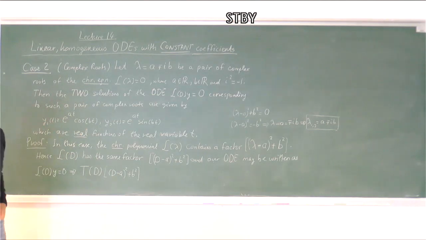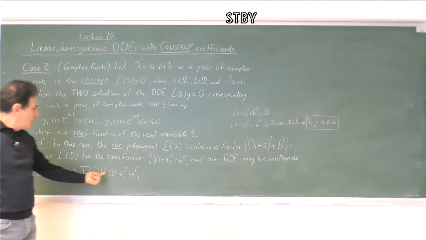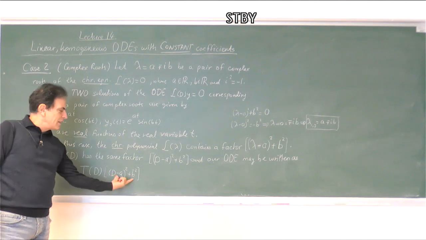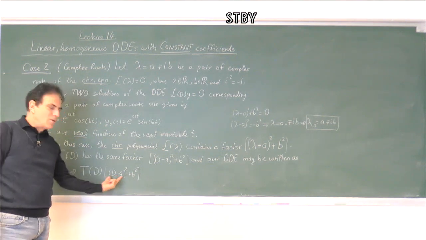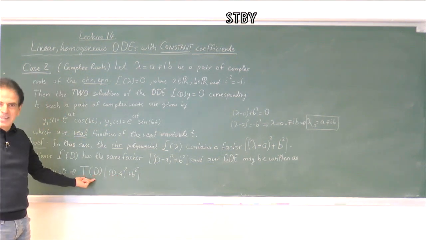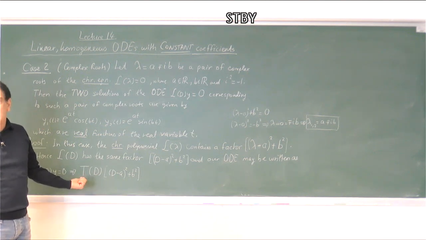So L of d is an operator. Formally, it is a polynomial of degree n. Here a second degree polynomial is one factor, so T of d is still a polynomial in d of degree n minus 2.